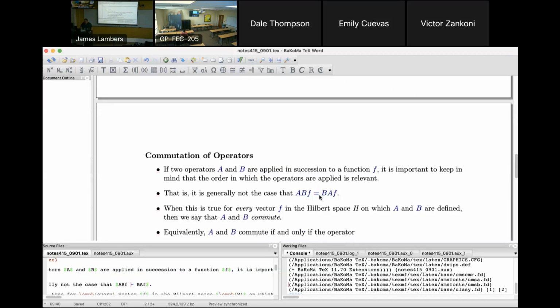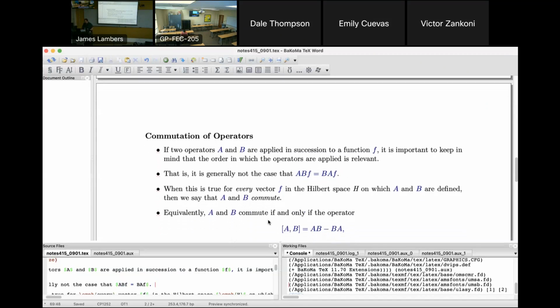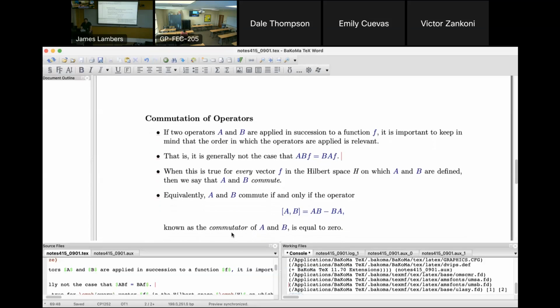Now, if you have two operators a and b for which this does hold, for any function f, then it does happen from time to time. Then we say that a and b commute. And this leads me to an expression that is called a commutator.